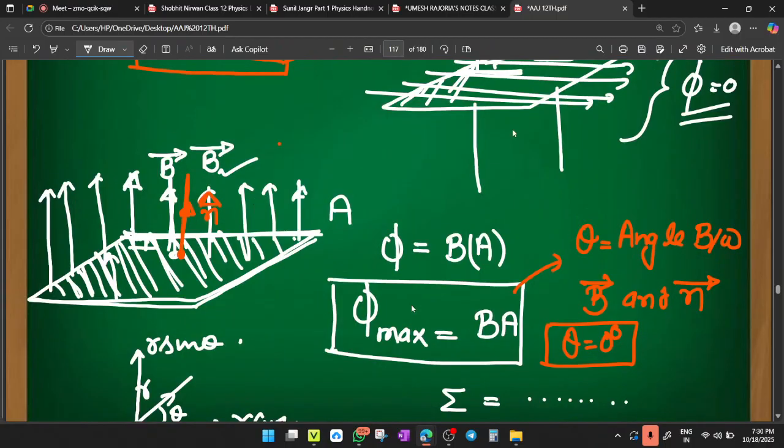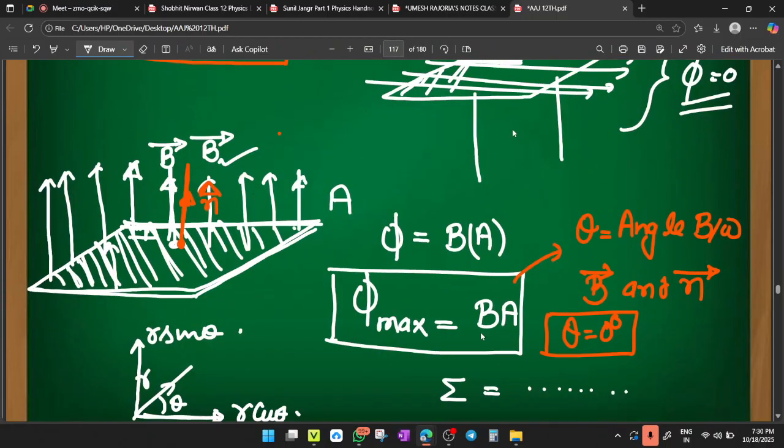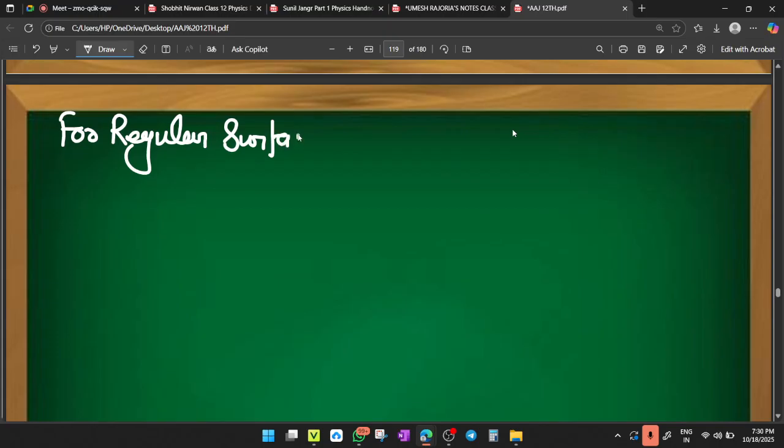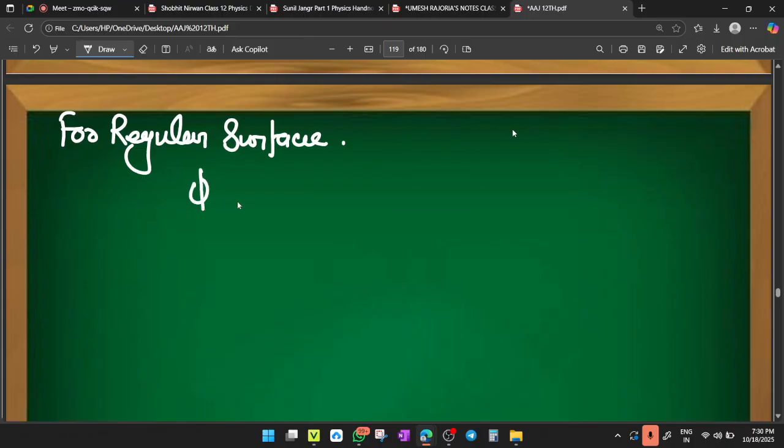So two formulas are there. Phi max equals BA, and this is the most important formula for all types of geometries, that is equal to the integration of B dot dS. Clear? Yes. For a regular surface, see, you have seen phi equals net flux.